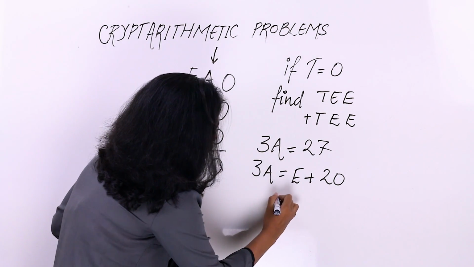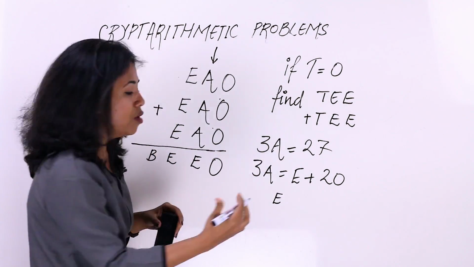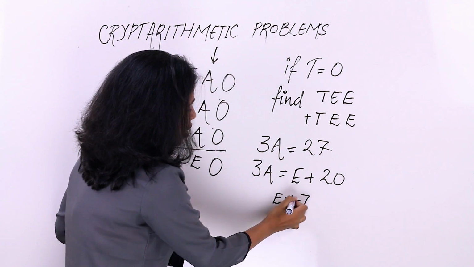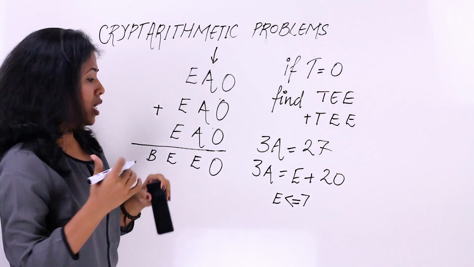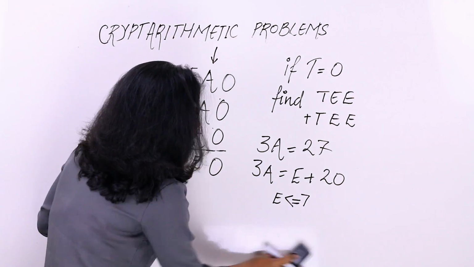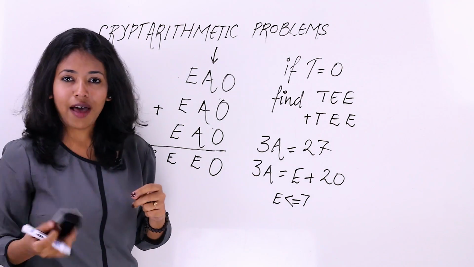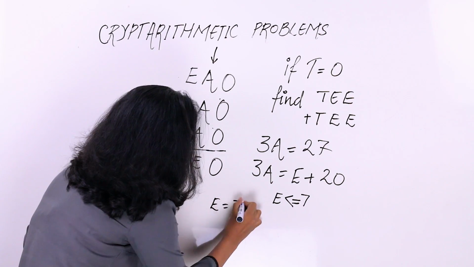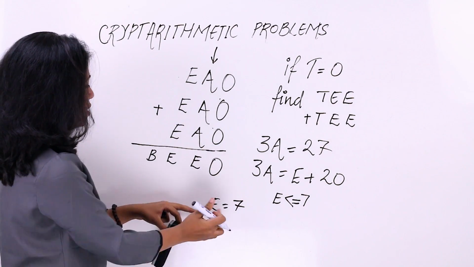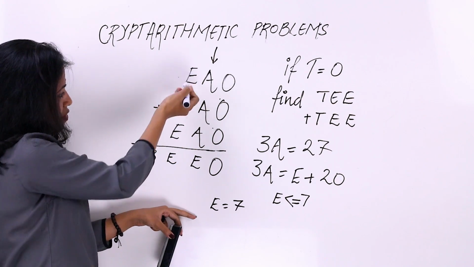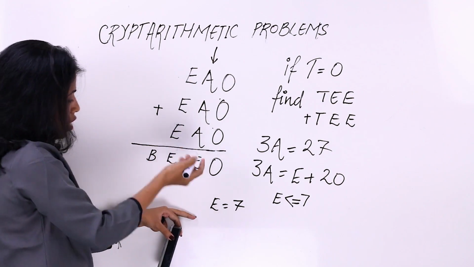This means E can take a maximum value of 7 or it will be lesser than that. So, E can be less than or equal to 7. Alright. Now, if this is the case, let's take all the possible values of E and check what holds good. If E is equal to 7, in this case, we'll get 7 plus 7 plus 7, which is 21.